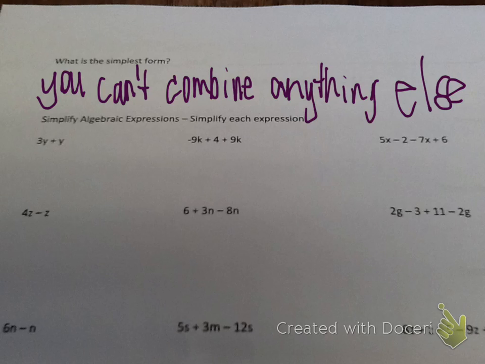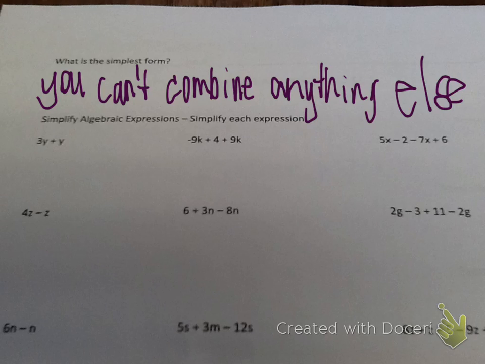So there are no more like terms. You've combined them all. There's nothing we can do. So anytime you see simplify, that means make it as small as possible. But it may not mean that you can actually solve it down to one answer. So don't think that just because it says simplify, you're going to get one simple answer.